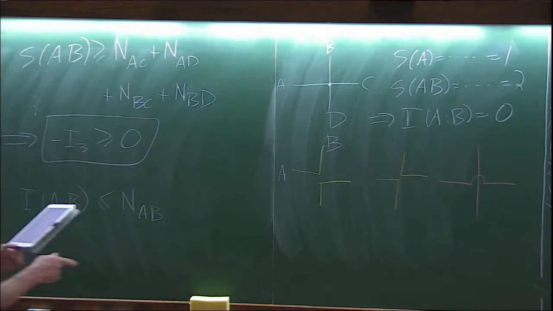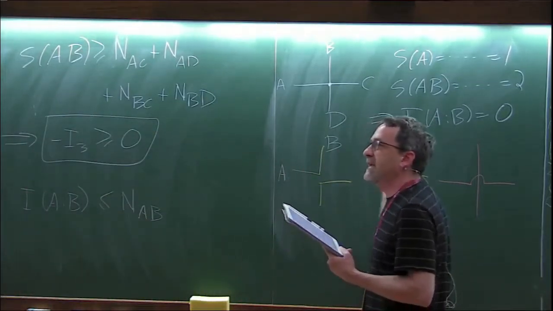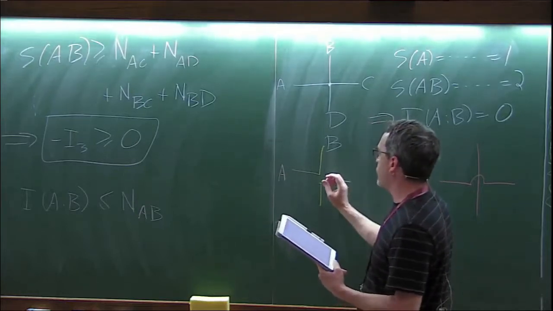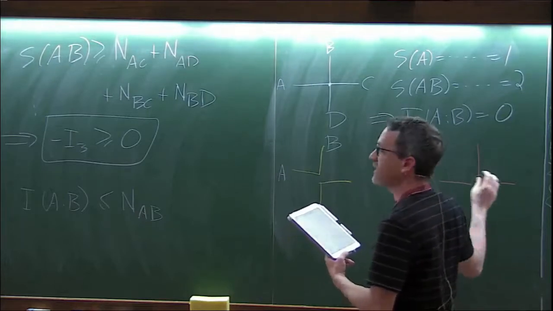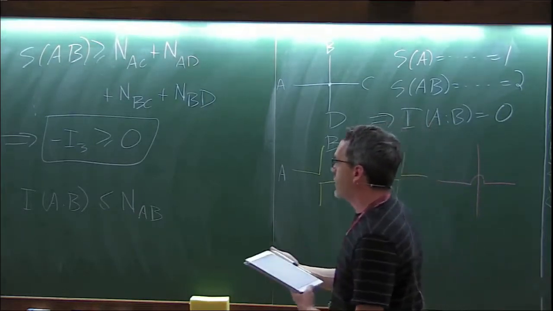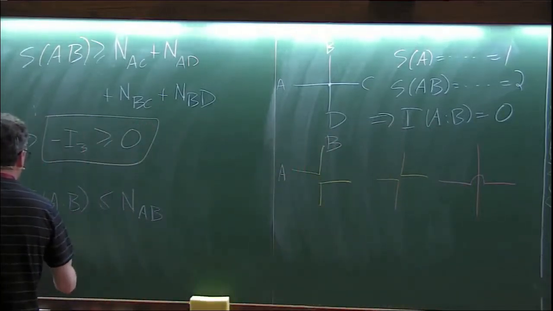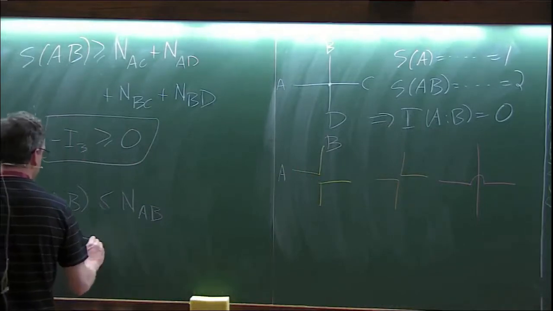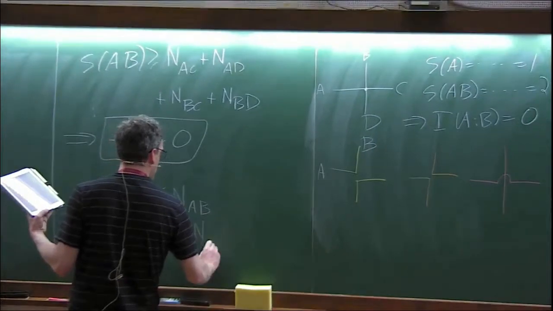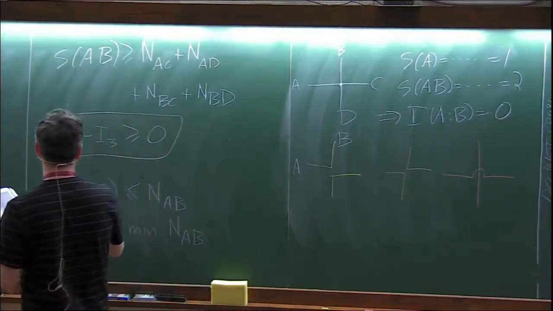How much freedom is there in choosing the ends? It is minus I3. So minus I3 is the number of threads for which you have the freedom to reconnect them in this way. I can turn this into an equality by saying that overall, among the thread configurations obeying this theorem, the one with the smallest NAB tells you this, and there's a factor of 2.